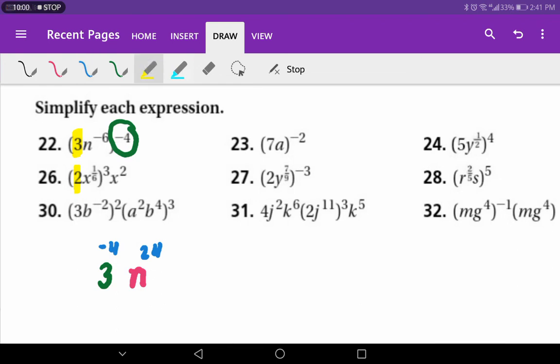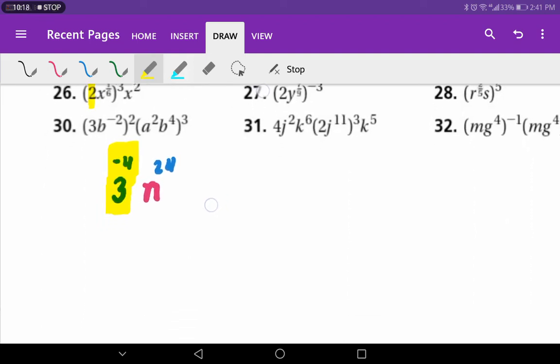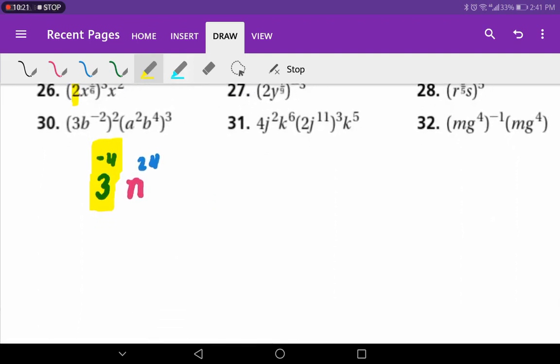Again, we finish, but here, to make it more simplified, the 3 with power negative 4 has a negative power, and as we know before, we don't like to have a negative power.